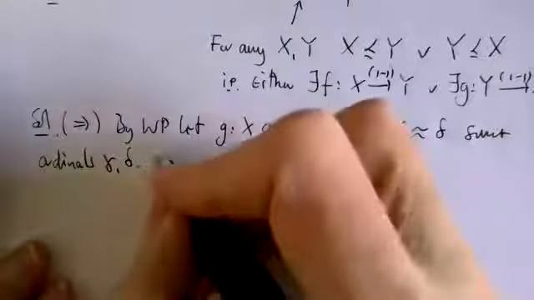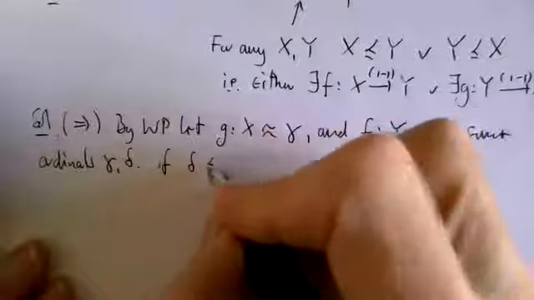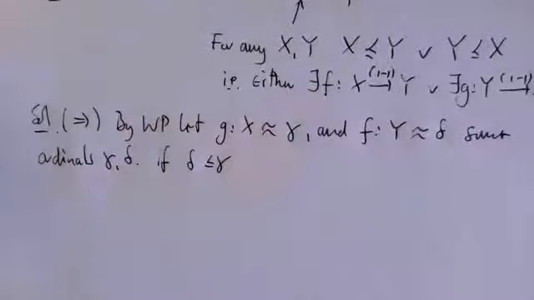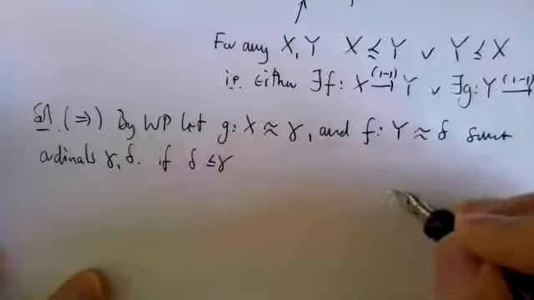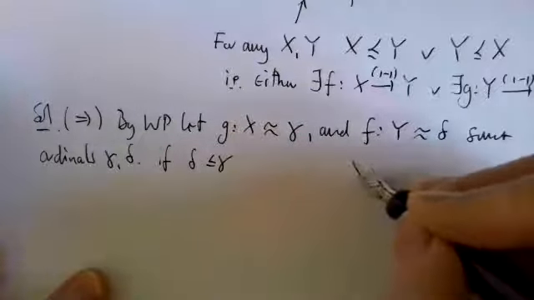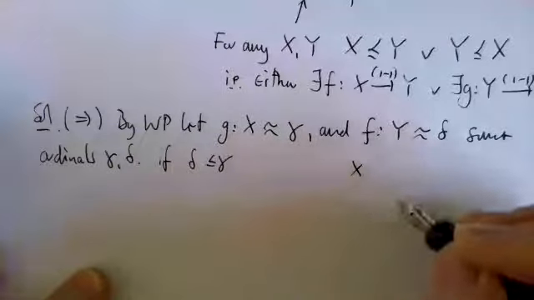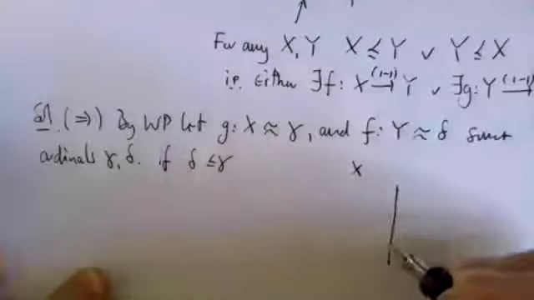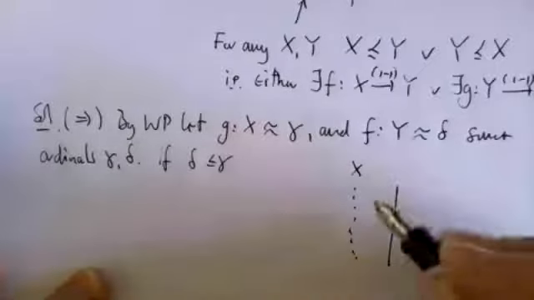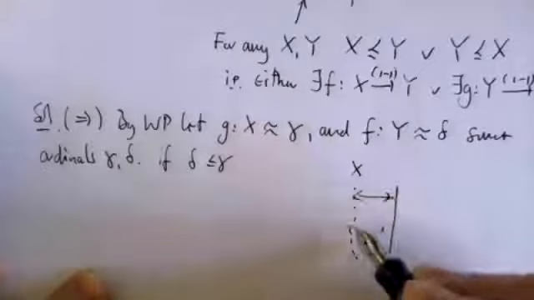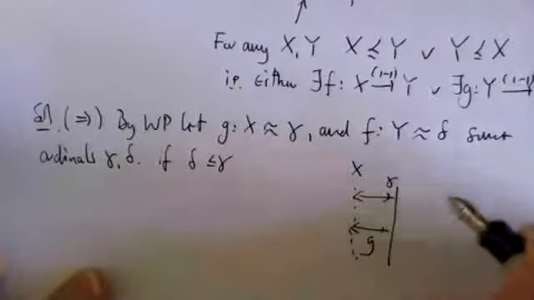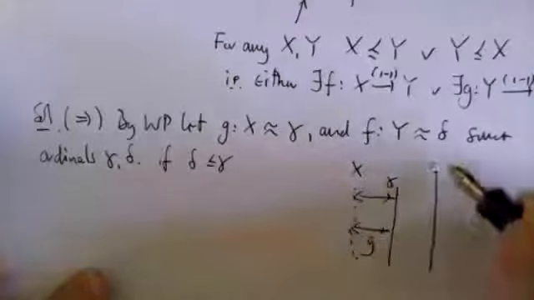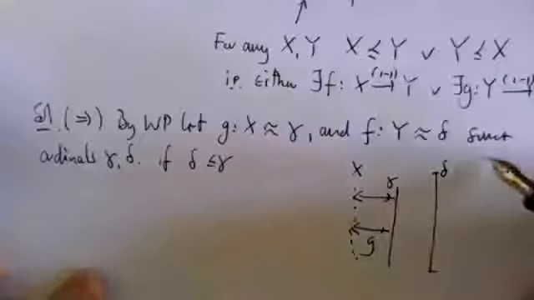So one of these is less than or equal to the other. Let's suppose delta is less than or equal to gamma here. So what I've got is my x, let's see, how shall I draw it? Here's x, and here's gamma. So I've got this function g going this way. Here's gamma, here's delta, and here's y.